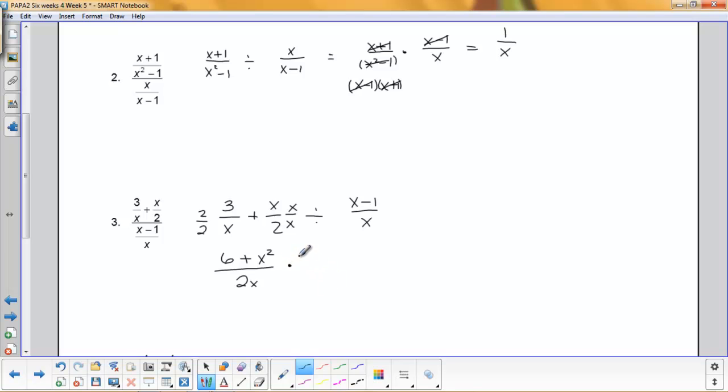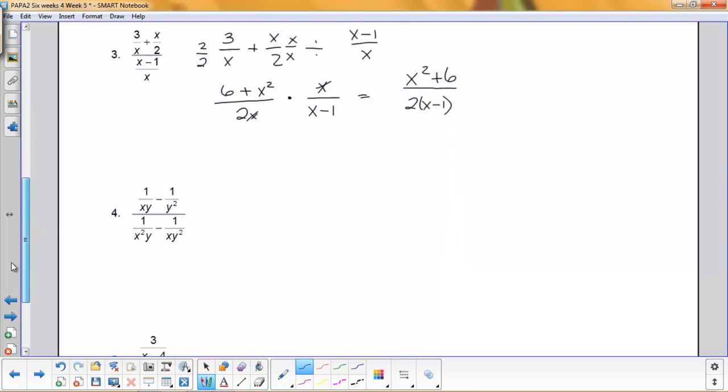Keep, change, flip, now that I have common denominators on both of my quantities. Now I can go ahead and find my cancelable terms, if that's a word. We will rewrite this as x squared plus 6 divided by 2 times x minus 1. Nothing else can be simplified, therefore my answer is finished.